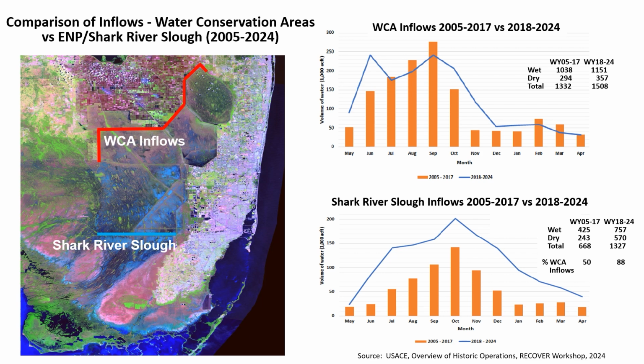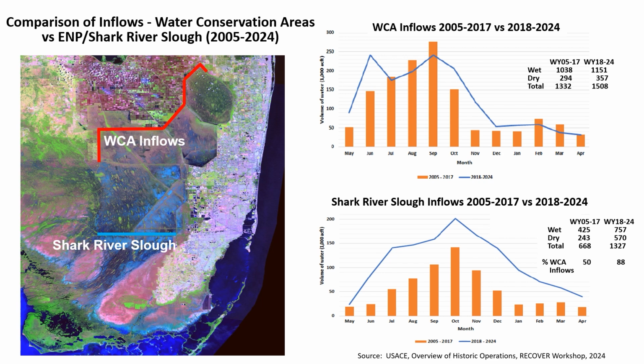Comparison of inflows to water conservation areas versus inflows to Shark River Slough, 2005 to 2024. This graphic compares two periods: the base period from 2005 through 2017 versus the more recent period from 2018 through 2024.